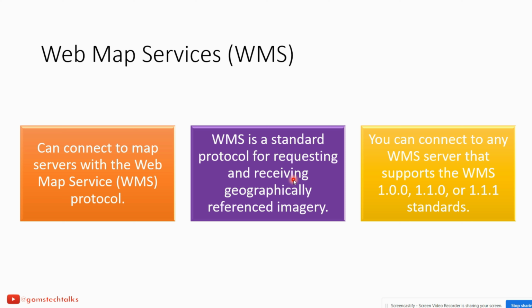Here we are using the 1.0.0, 1.1.0, or 1.1.1 standard. I'm insisting on this because if anyone is planning to write the Tableau Desktop certification exam, this might definitely be a question, so I'm highlighting that it uses these standards.